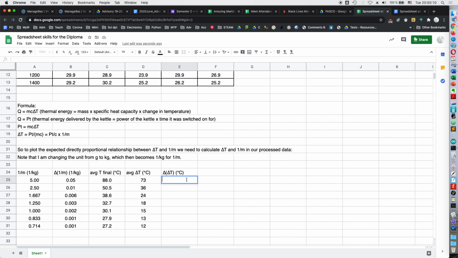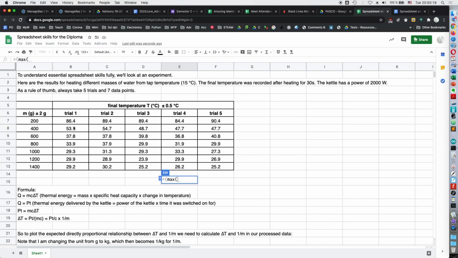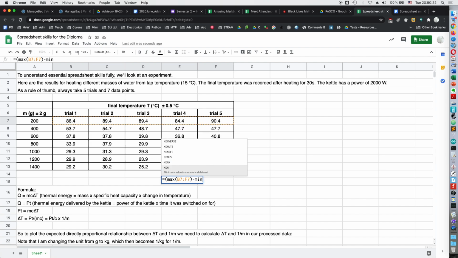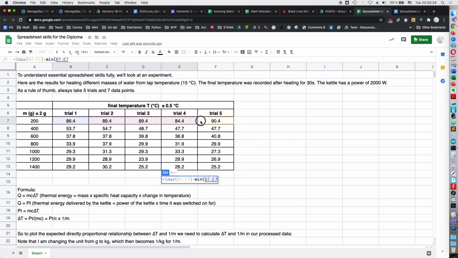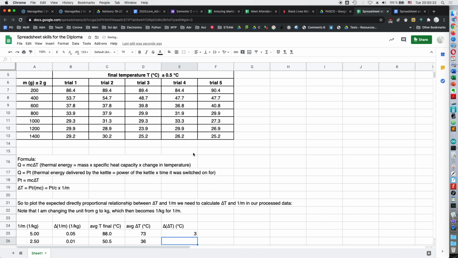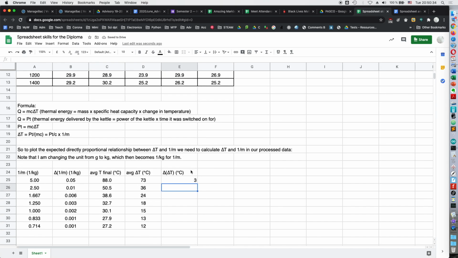Half of the range means I put in equals the maximum value of these values minus the minimum value of these again, and divide that by 2, half the range. So there we go. And I apply these to all the 3 rows that I have.